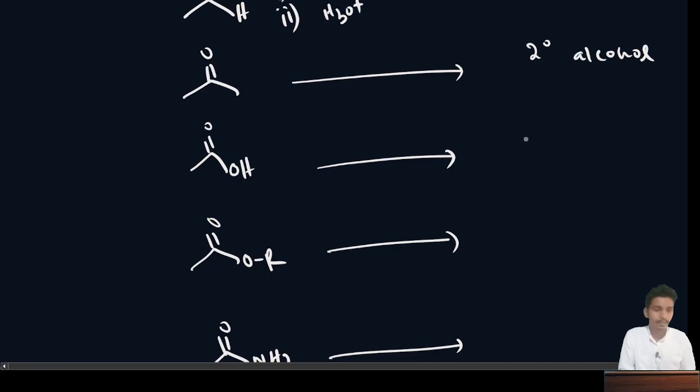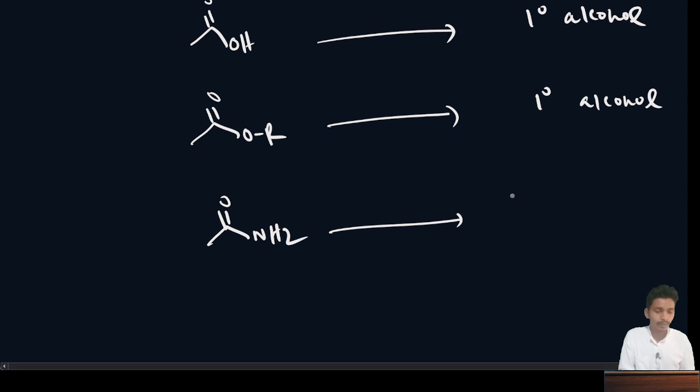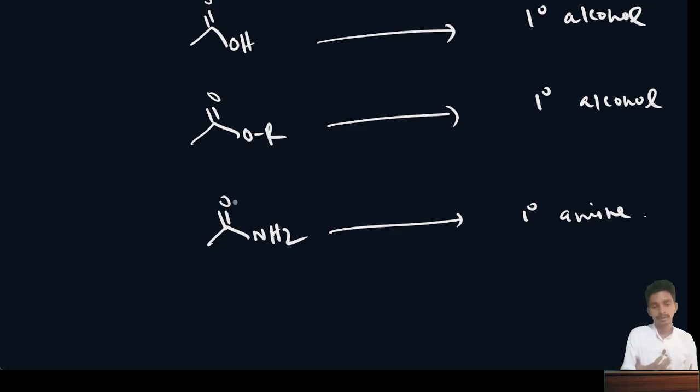If it is an acid, again we get a 1 degree alcohol, and if it is an ester, also we get a 1 degree alcohol. And if it is an amide, in this case we get a 1 degree amine. Okay, so if these types of polar multiple bonds are there, then we use lithium aluminum hydride to reduce to alcohols or to amines.